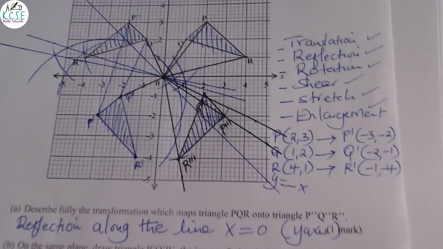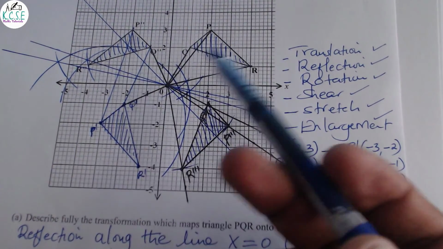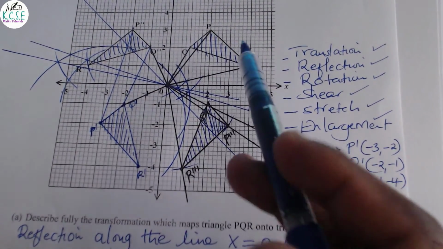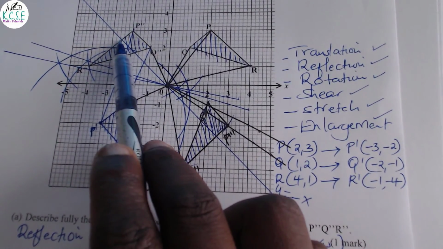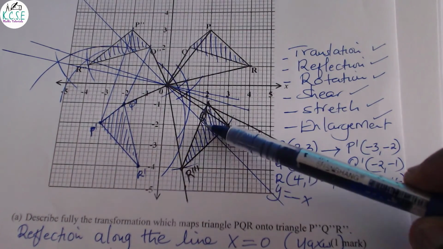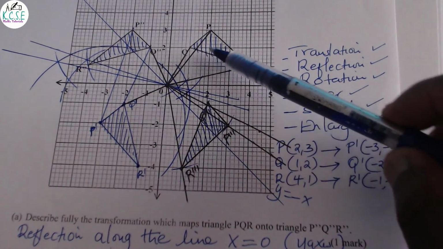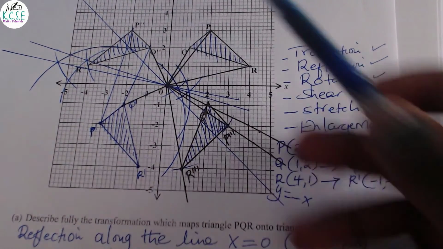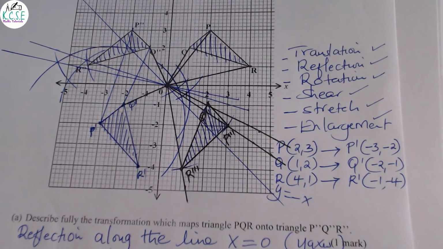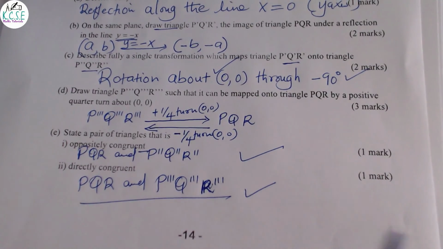Just understand what we've said about oppositely congruent. You have to turn over for one to fit onto the other, and you've given this and this, so you have to turn over this one to this for it to fit. But when you look at this one, directly congruent, this on this, you just need to slide this one over this and then just twist it a little bit. You don't need to turn it over. So that is how you are supposed to answer the whole of that question. Thank you.